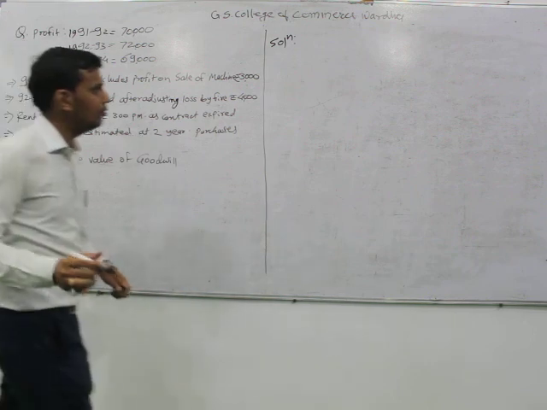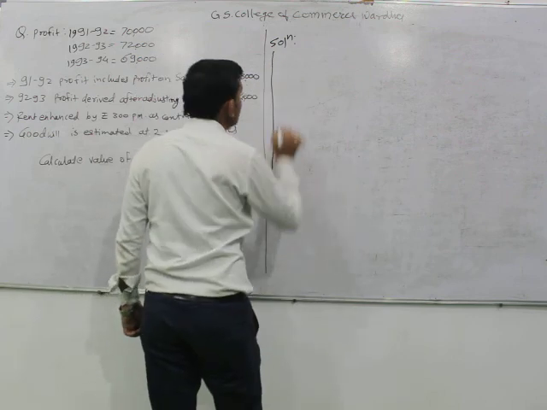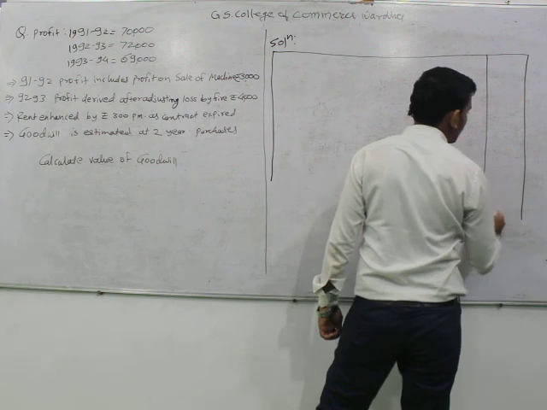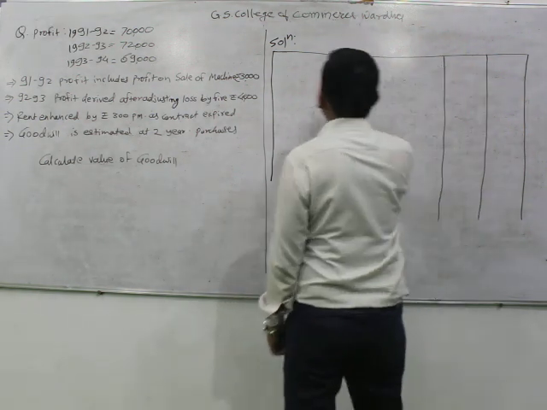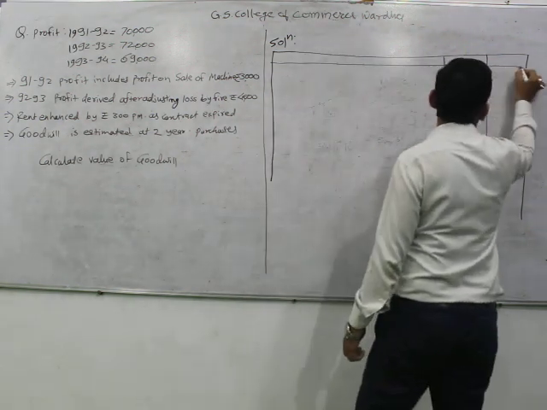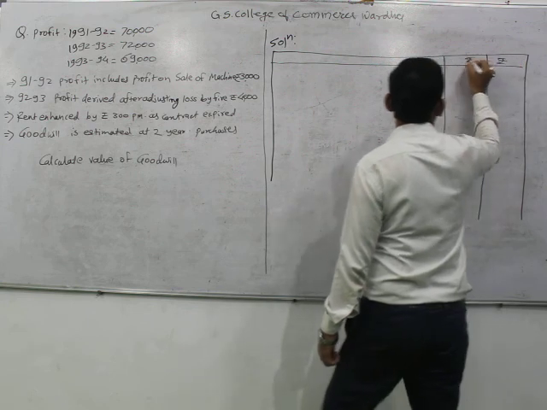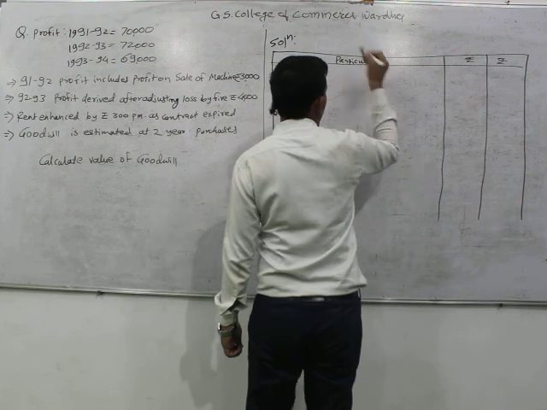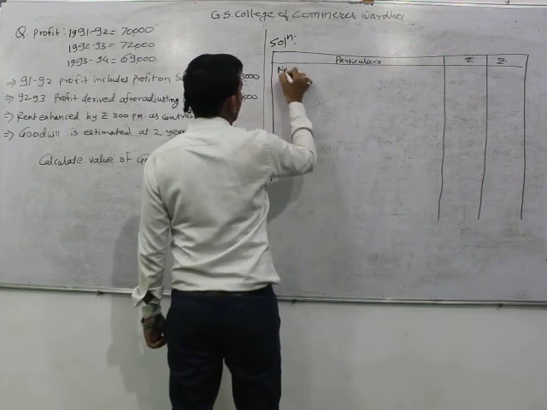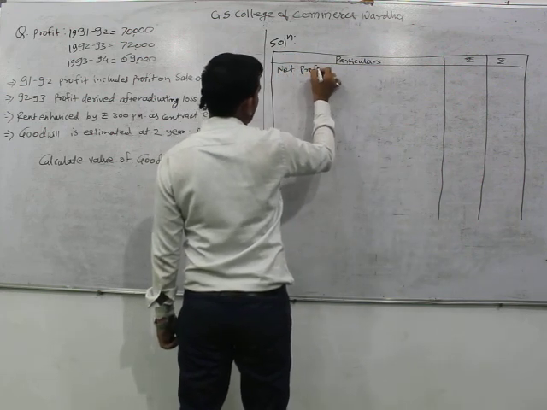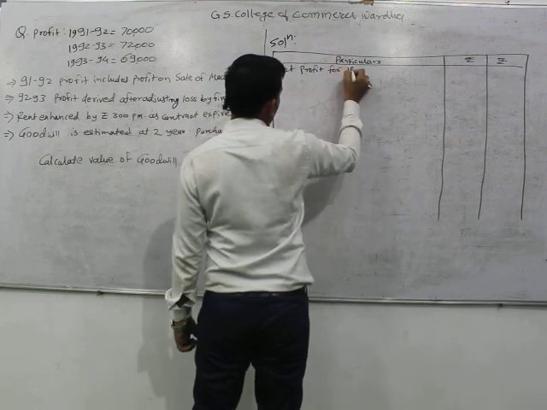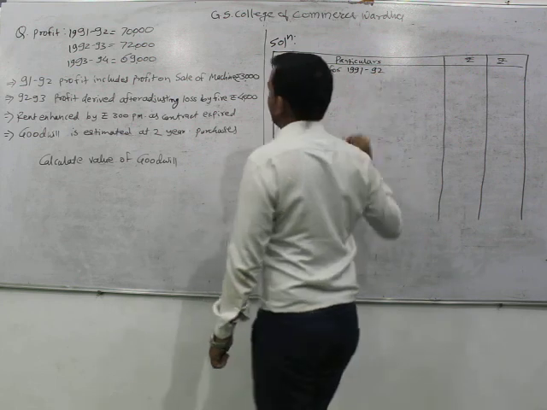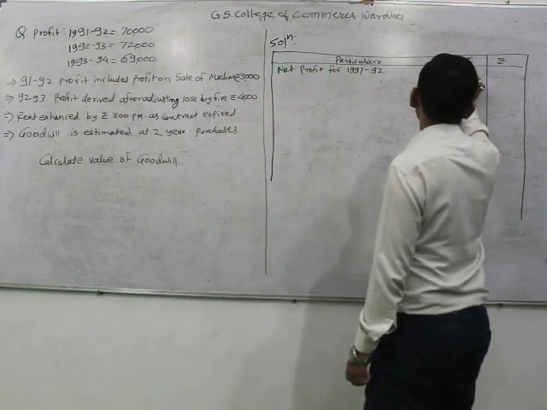So let us write down the solution. We will follow a table format so that we can derive the solution properly. We would make 3 columns, 1 for particulars and 2 for amount. First of all, we will take the net profit for the year 1991-92, which is given as rupees 70,000.